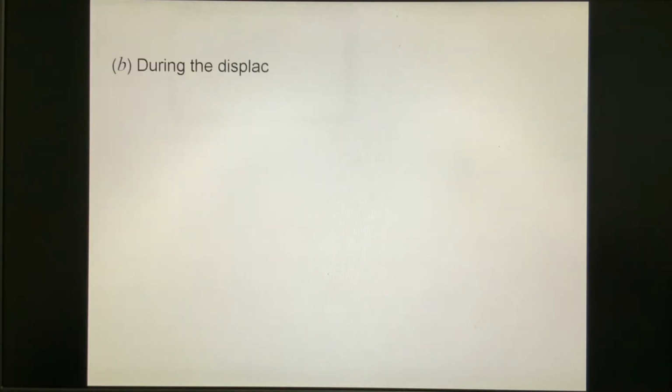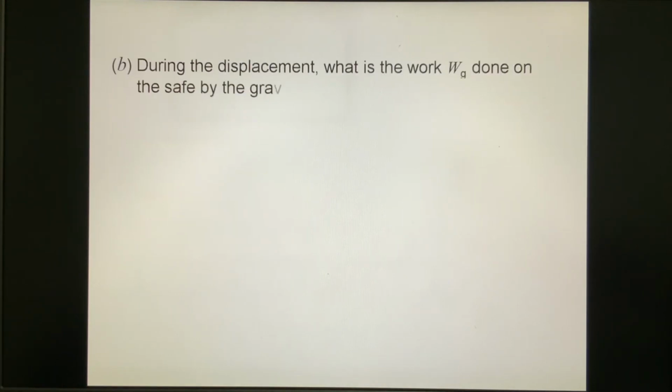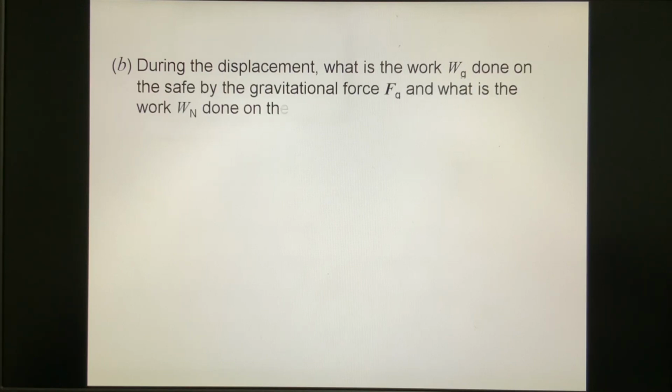Question 2, B. During the displacement, what is the work WG done on the safe by the gravitational force FG, and what is the work WN done on the safe by the normal force N from the floor?